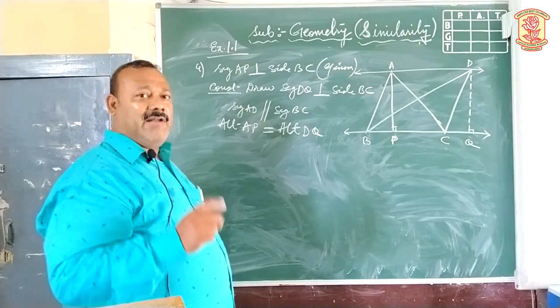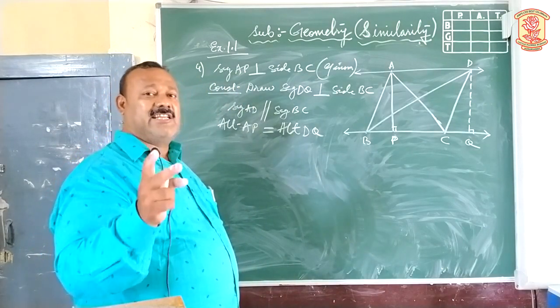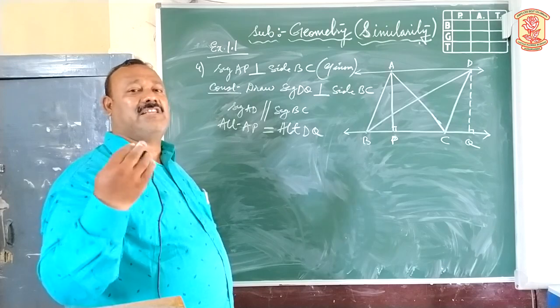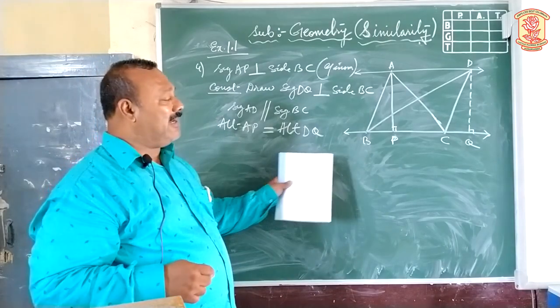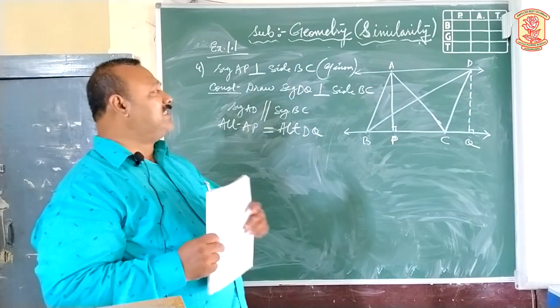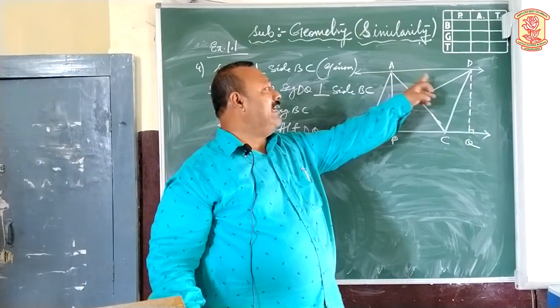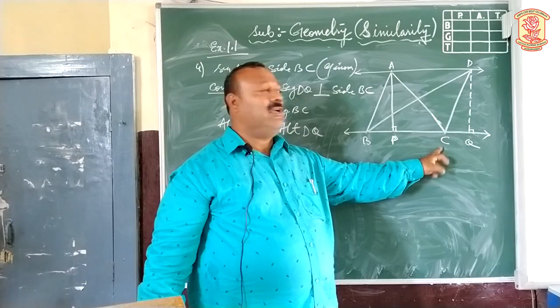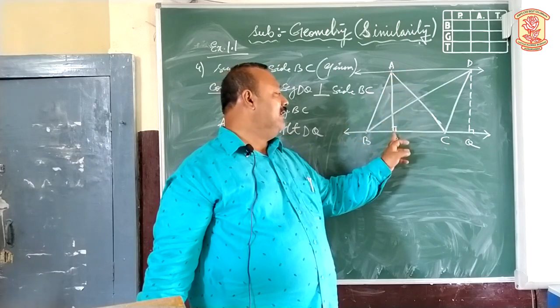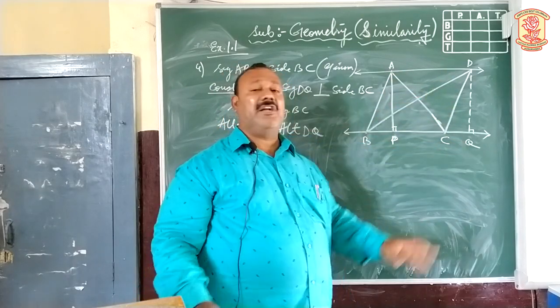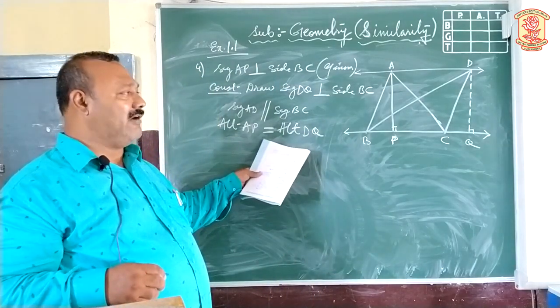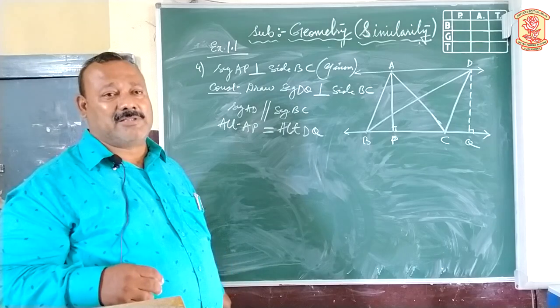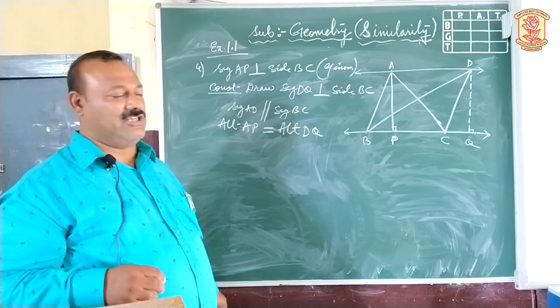In short, whenever two parallel lines are given, the distance between them is always equal. One parallel line is AD and the other is BC. The distances between them, AP and DQ, will be equal. DQ comes from the construction we already made.